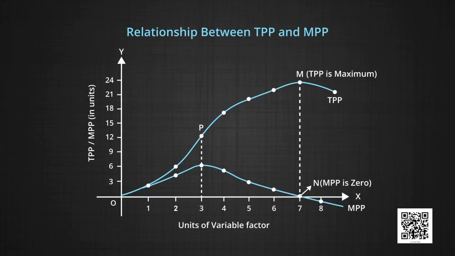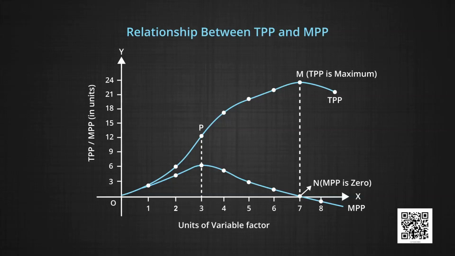The point P is therefore called a point of inflection. That is, it indicates the point at which the TP curve changes shape from an increasing rate of increase to a decreasing rate of increase. The marginal physical product increases till P, where it reaches its maximum.